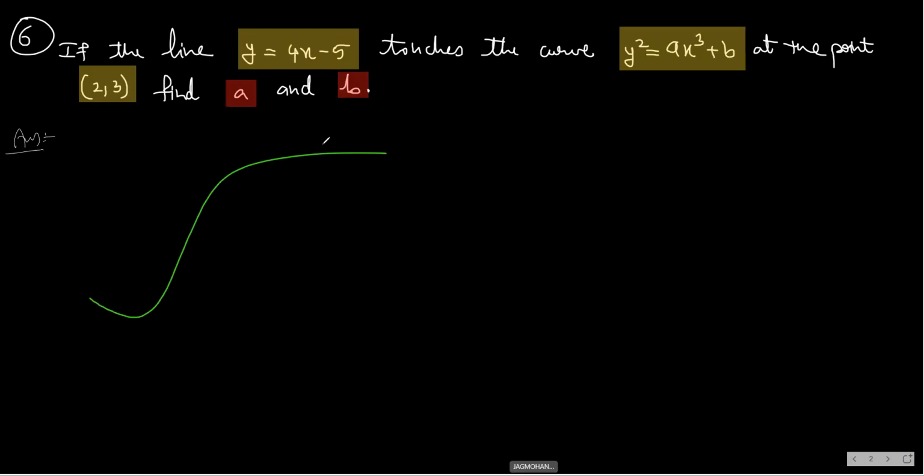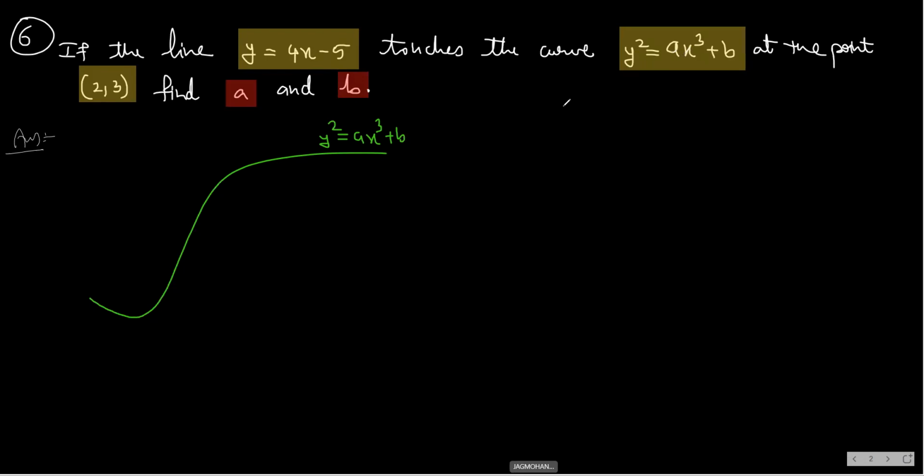So this is the curve here. This is just a rough sketch for representation purpose. So remember that it has got nothing to do with the actual curve. The curve could be some other curve. So this is just for the sake of understanding.